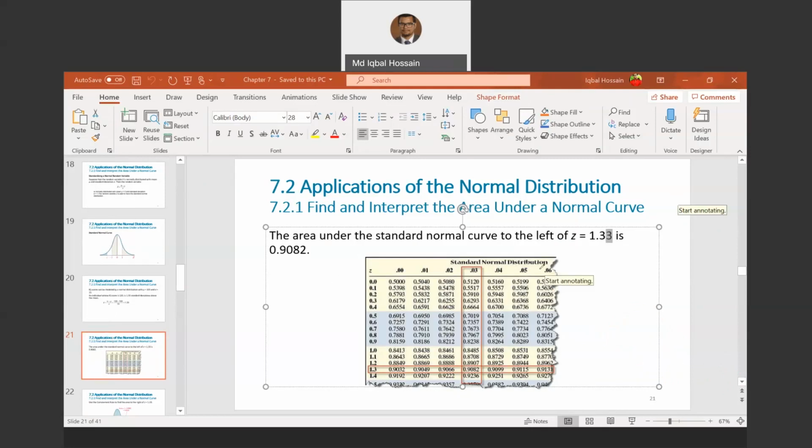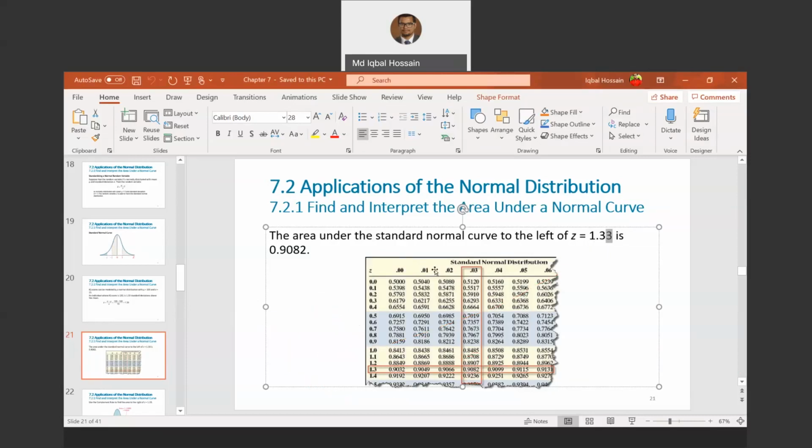If we have Z on that side, then the area on that side is this value, which we are finding here. The area is that value. So when we have a Z value, we are finding the area or proportion that way.